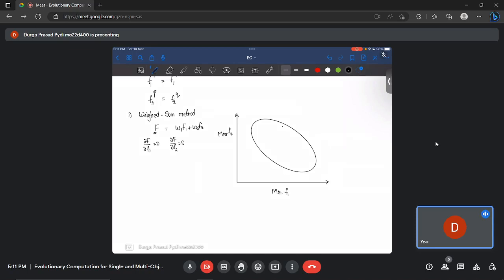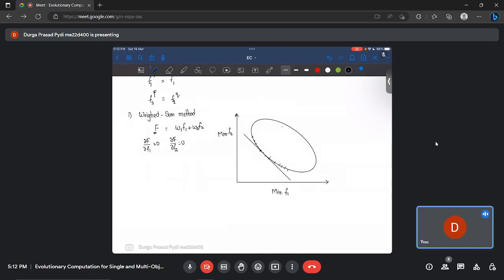If you do that, what we essentially end up with is a tangent at that particular point. So for each value of w1 and w2 you will end up with different tangents, covering many points, and all these points combined will give you the Pareto front.